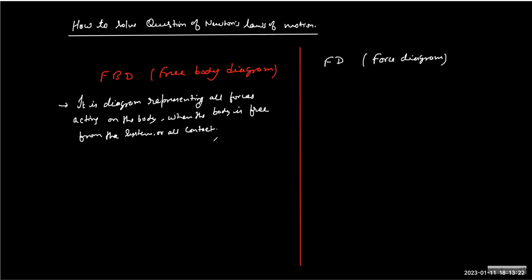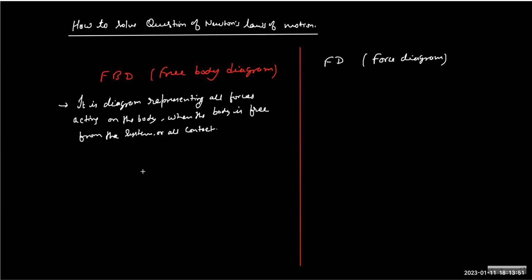Free from the system of contact means you have to show it as an isolated body, and then every possible interaction that the body can have with its contact, as well as with gravity, all forces we need to represent by an arrow, and we must represent where it is acting. When you do so, we call it a free body diagram.